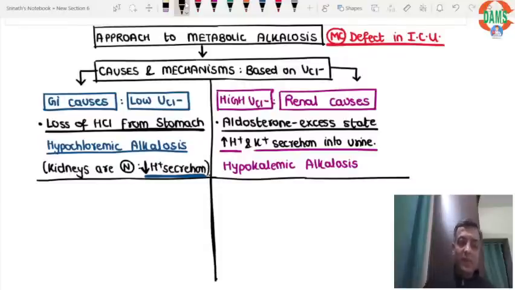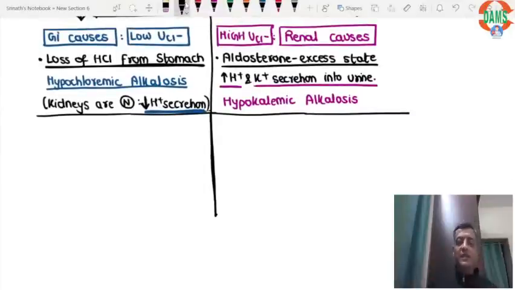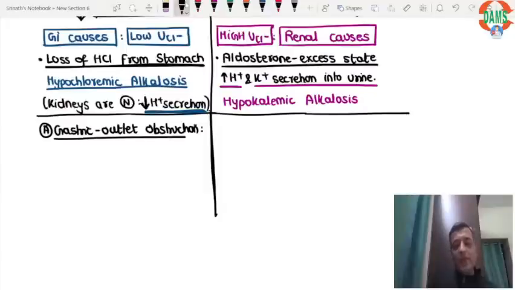Taking this forward, in the GI causes, the most likely cause is gastric outlet obstruction, leading to persistent vomiting, which can lead to hypochloremic alkalosis.